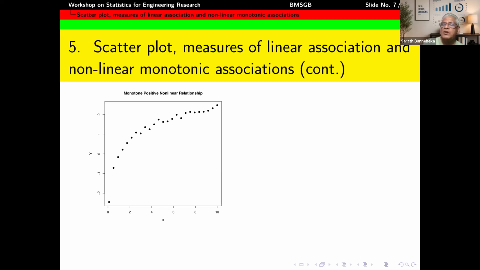What we need is for the scatter to be randomly scattered around whatever function we are considering.